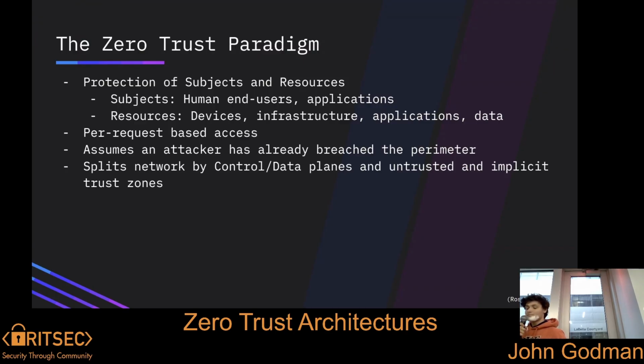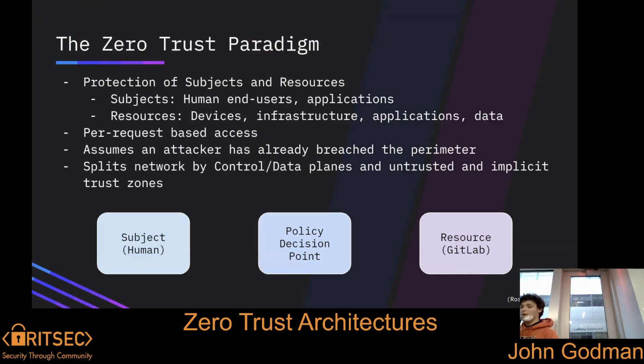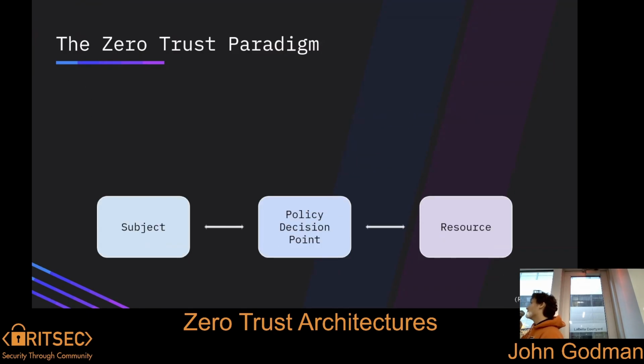But as you see in this example, we have a human subject trying to access a GitLab server with the policy decision point / PEP in the middle that I'll talk about later. So our human, in a zero trust environment, will talk to that, and that will talk to the resource. Pretty simple, right? Well, let's take a little closer look at this.